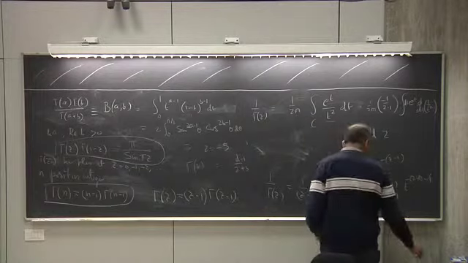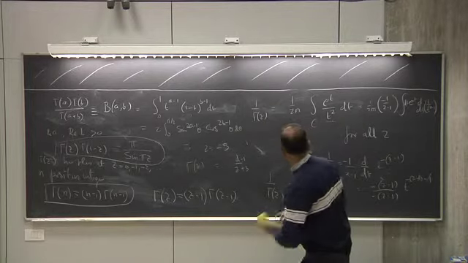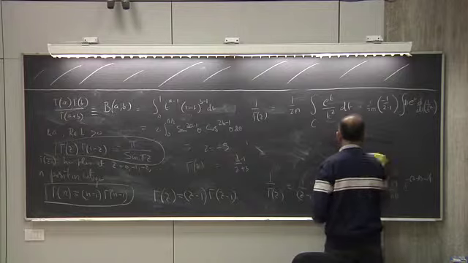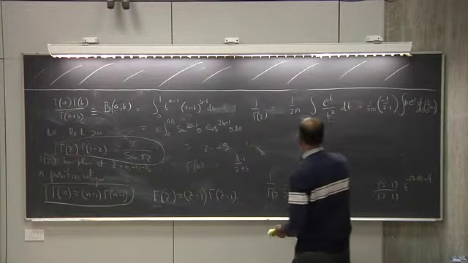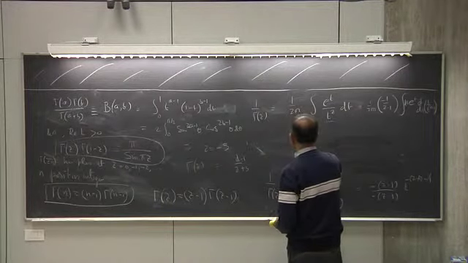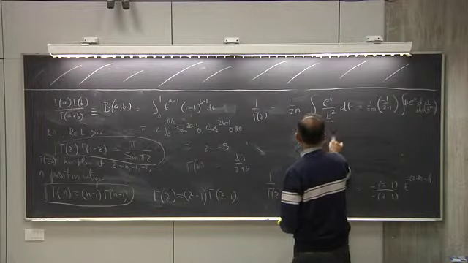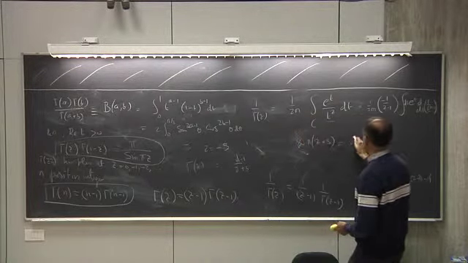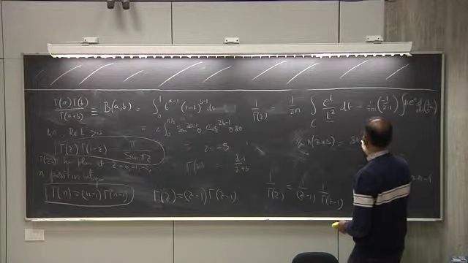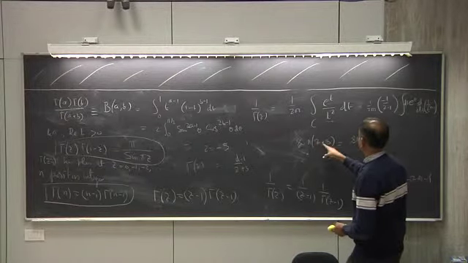So let's write it down in this way. Sine of pi times z plus 3 is the same as sine of pi z plus 3 pi, right?